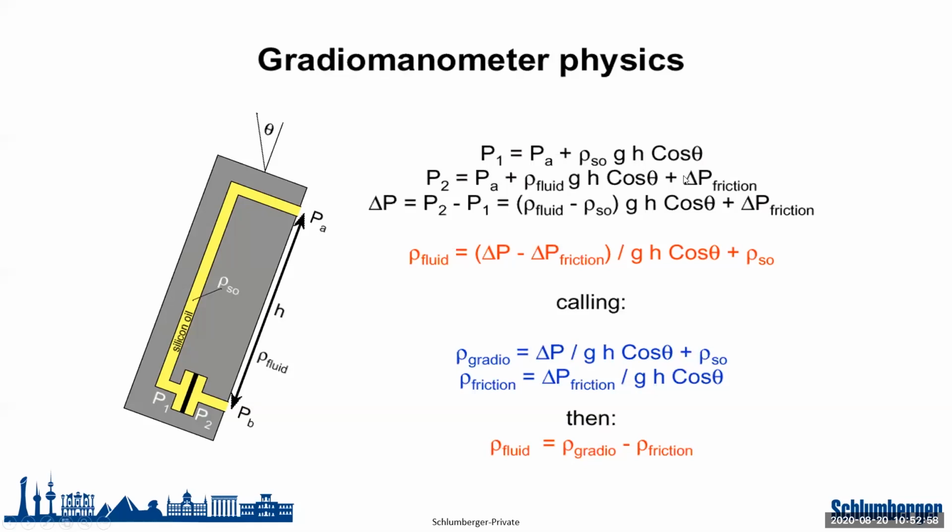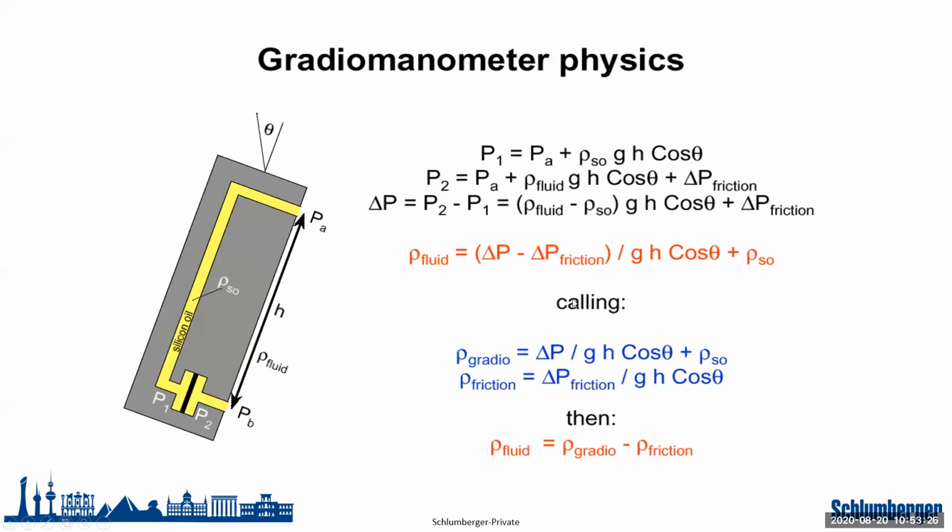So if I want my delta P, pressure 2 minus pressure 1, it will be given by the density of the fluid minus the density of the silicone oil, multiplied by gravity, the height between the ports, cosine of the angle, plus the delta P due to friction.